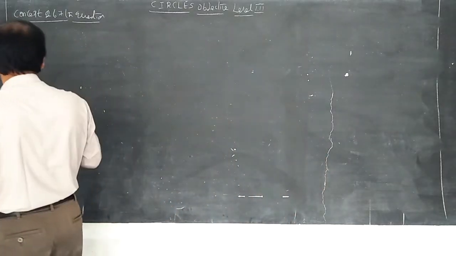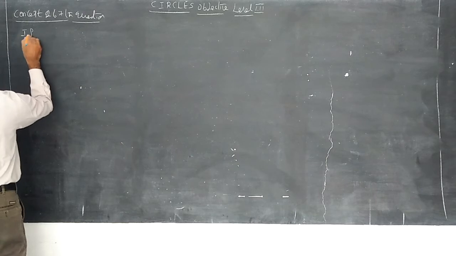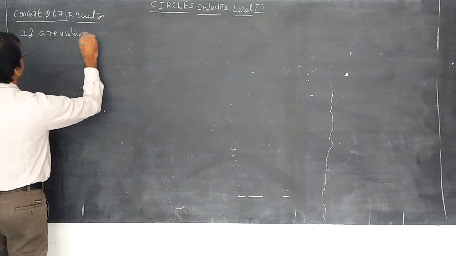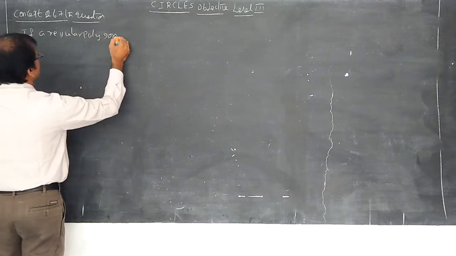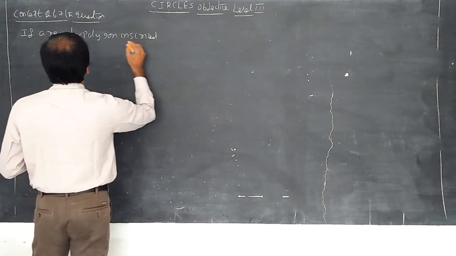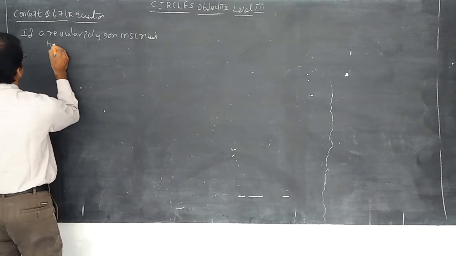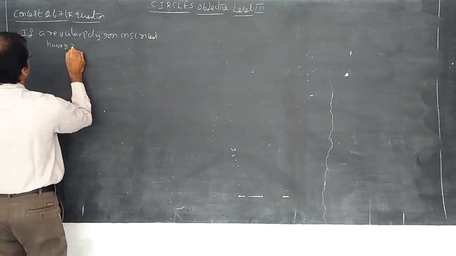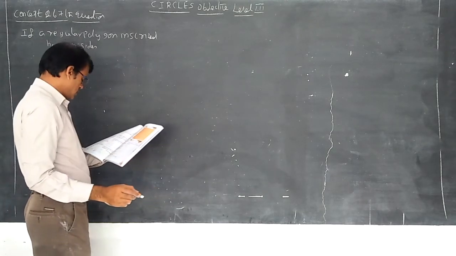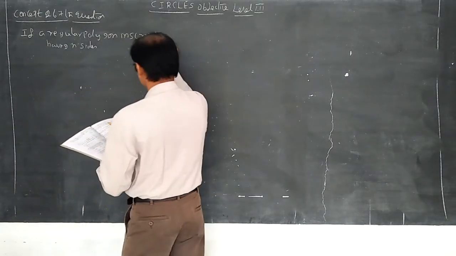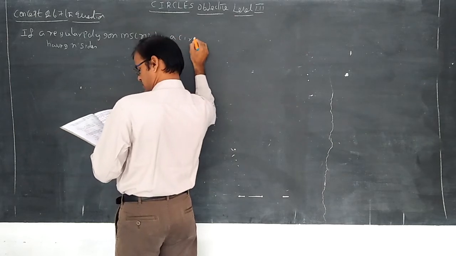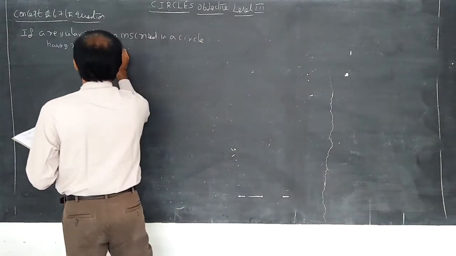Then the radius of the circle. If a regular polygon having n sides is inscribed in a circle, then the radius of that circle.